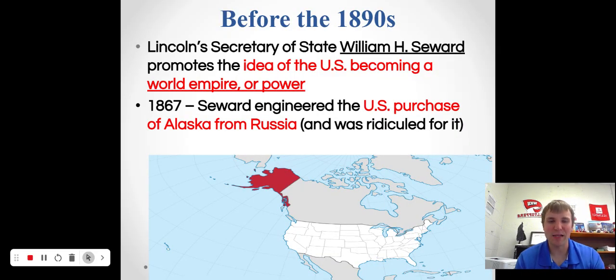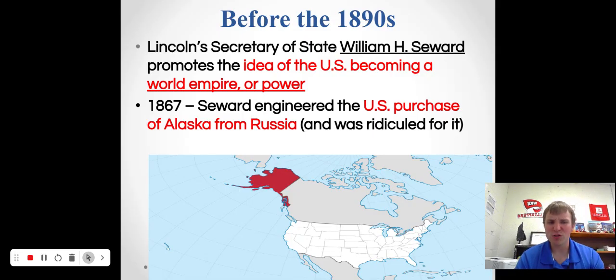Before the 1890s, the United States was kind of in its own little bubble. Okay? We weren't really looking to get involved in the rest of the world. Especially after the Mexican-American War, we had all this new land. Man, we were just chilling like a villain. We were totally content to expand west across North America.